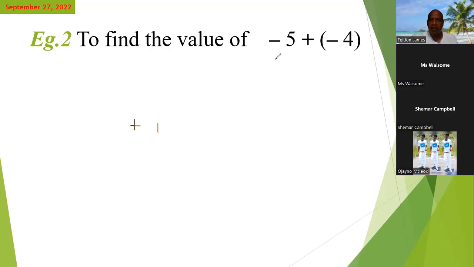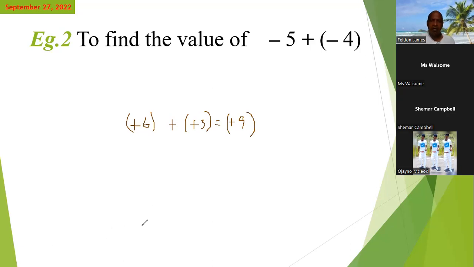I'm going to put the numbers in brackets. So that's (+6) plus (+3). And the answer we got was +9. Everybody saw that?